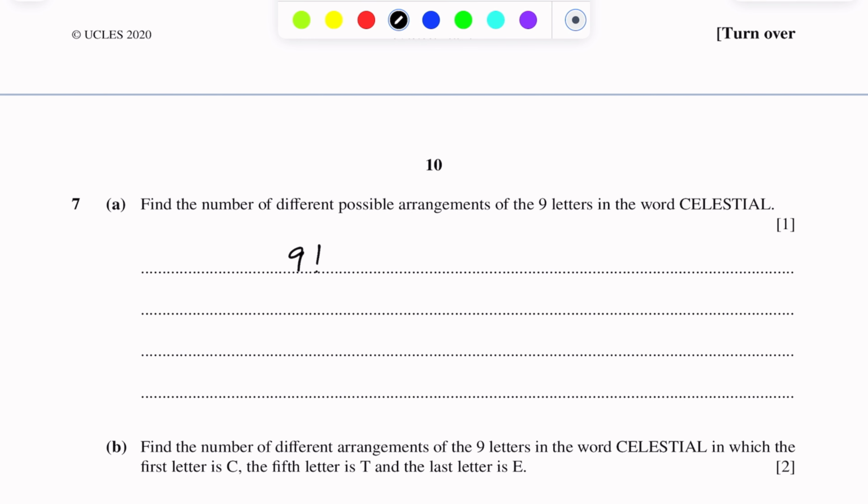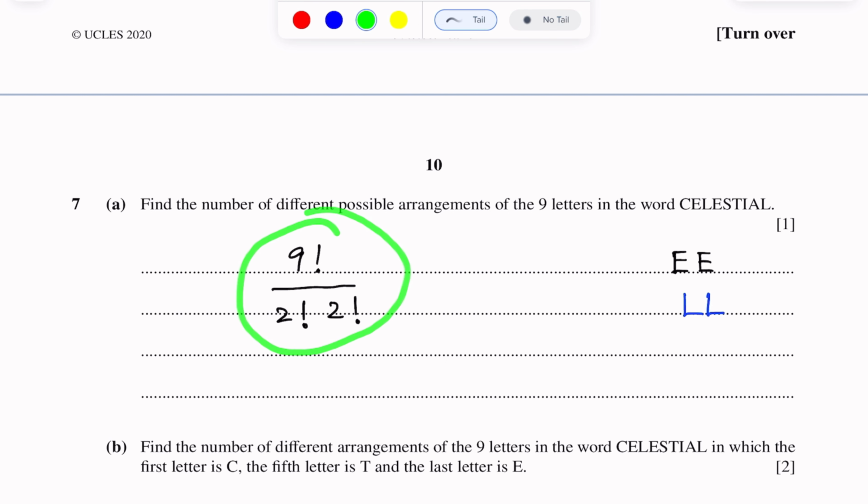So we write here 9 factorial divided by, since two E's are repeated and two L's are repeated, 2 factorial. So 9 factorial over 2 factorial into 2 factorial is the answer.